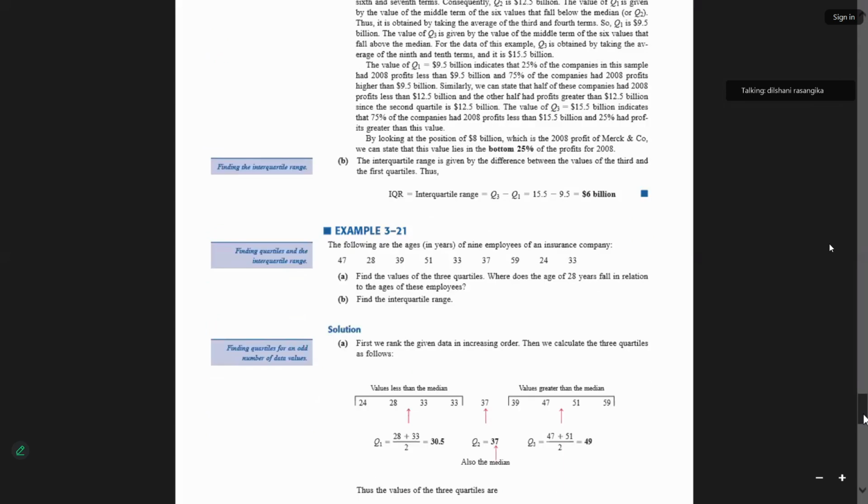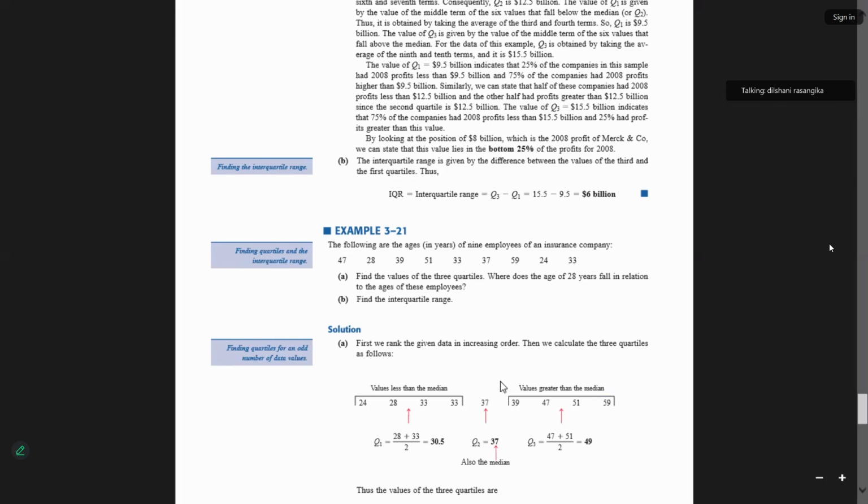Look at this one. This is a little bit different. Why? How many data are there? 1, 2, 3, 4, 5, 6, 7, 8, 9. There are 9 data. That means the number of data is an odd number, so there is a middle position.